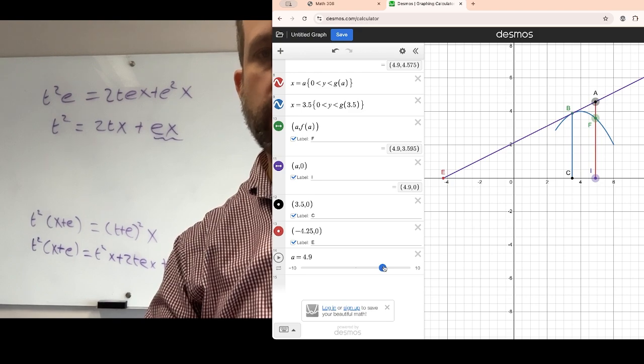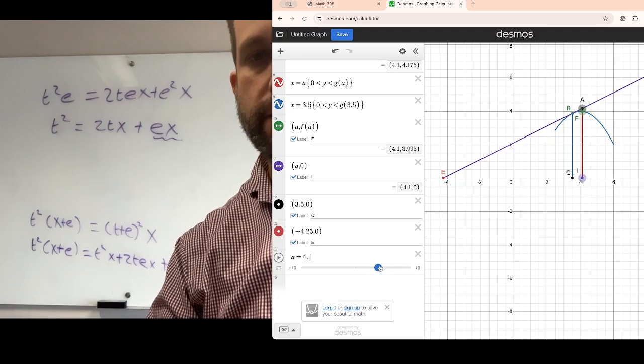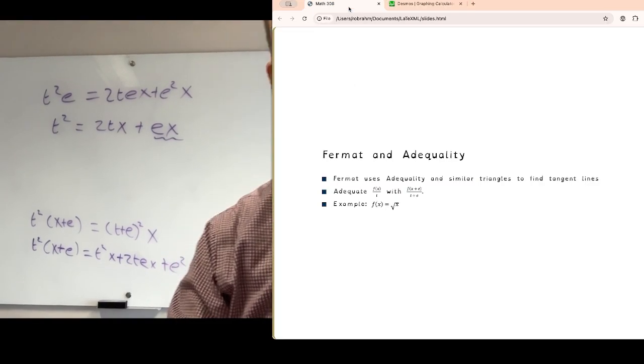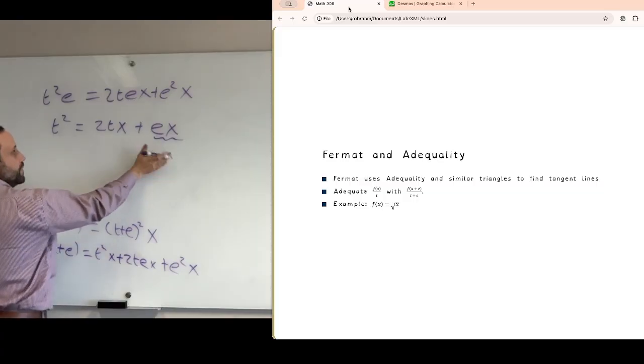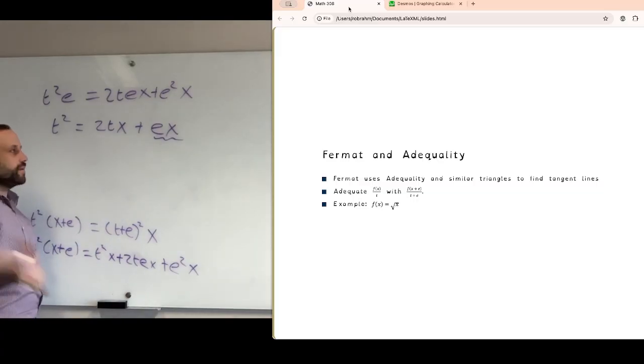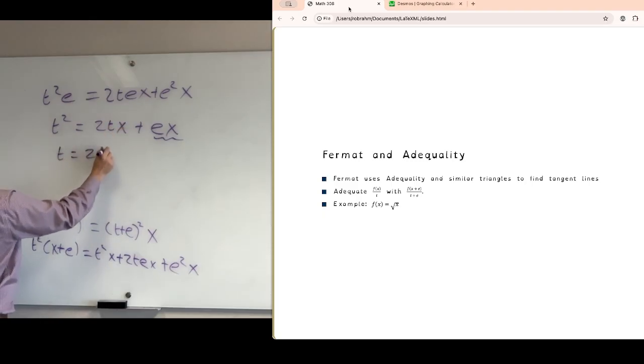The equality we started with is approximate here, but as a goes to f, we get something closer and closer to an actual similar triangle. E is going to 0. So in the limit, that's not how he said it, but how we would say it, as e goes to 0, we just forget about this term here. We're going to get that t is equal to 2x. And from this, you can figure out what the slope of the tangent line should be.